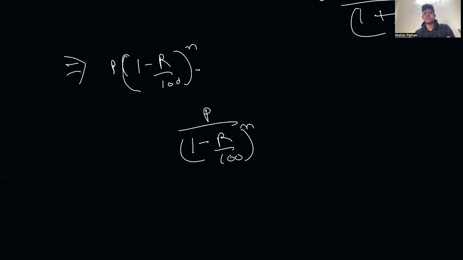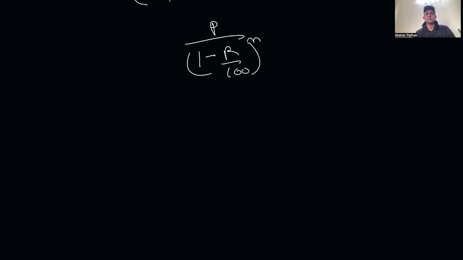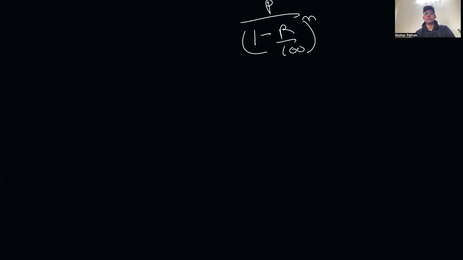But profit is also nothing. You just have to follow one formula: selling price minus cost price is your profit. And I think it's very intuitive. To be honest, I never learned this topic, not even in my eighth class.